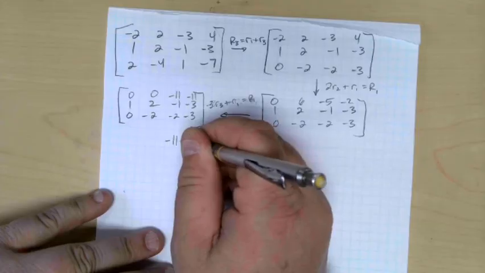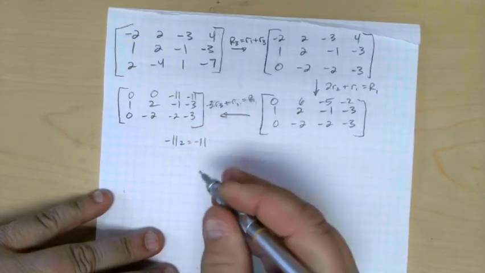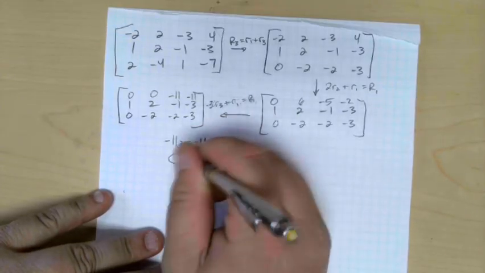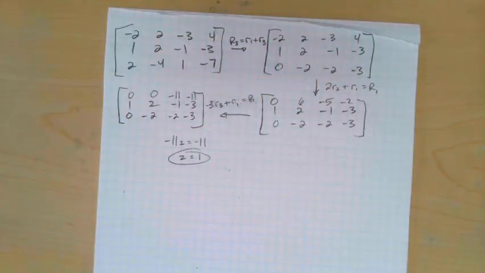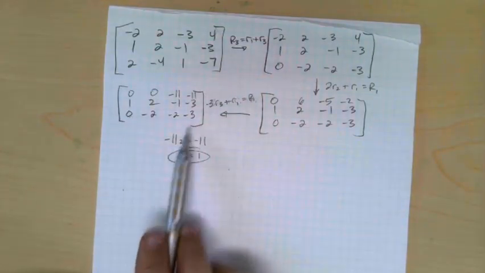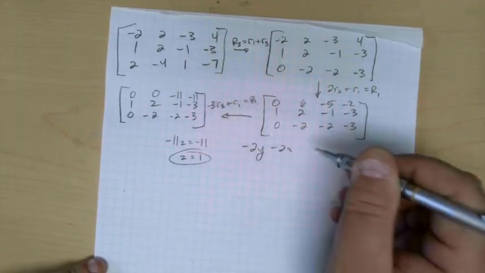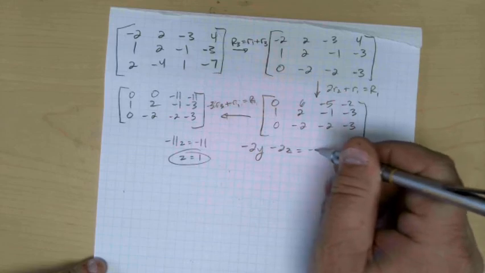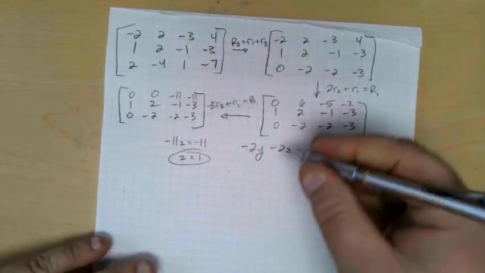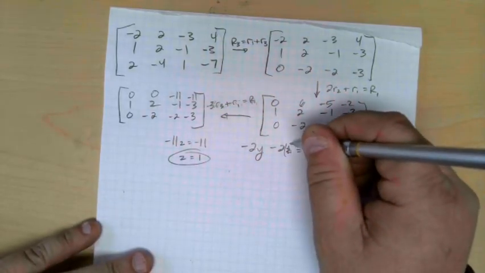So now I have negative 11z equals negative 11. Hey, I can even do that. Z is 1. Okay? Now check this out. See this third equation? It's negative 2y minus 2z is equal to negative 3. And z is 1. So I'm just going to put a 1 in there.